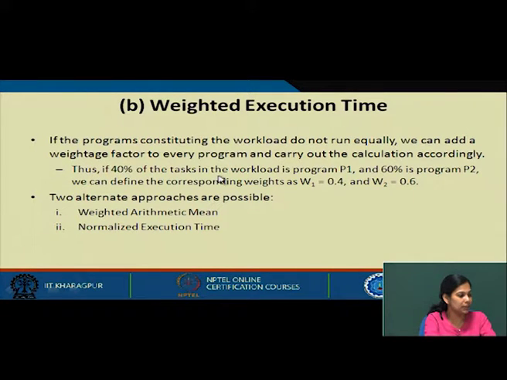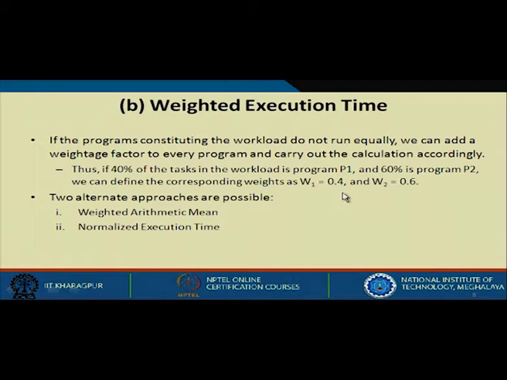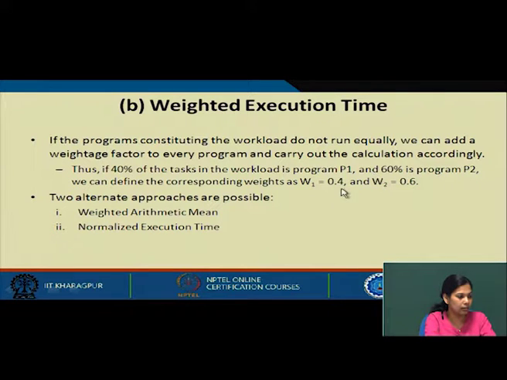If 40% of the task in the workload is program P1 and 60% is program P2, we can define some weights associated with these programs. So, program P1 has weight W1 of 0.4 and W2 is 0.6, because P1 is 40% of the task of the workload and 60% is for P2.